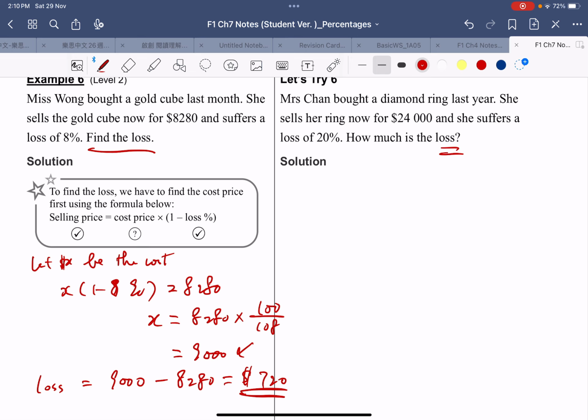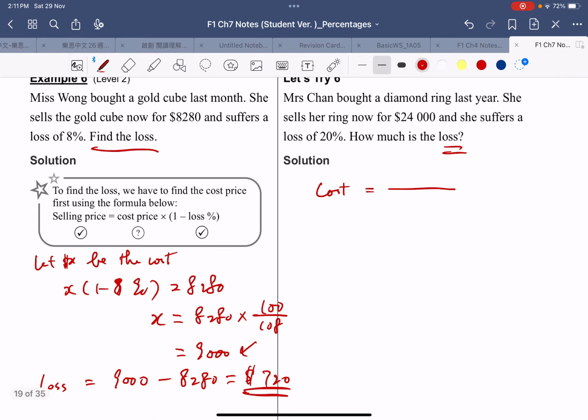The next question is for you. You try to do this. Your cost of the diamond ring will be equal to a number. The number is 24000 divided by 1 minus 20%.